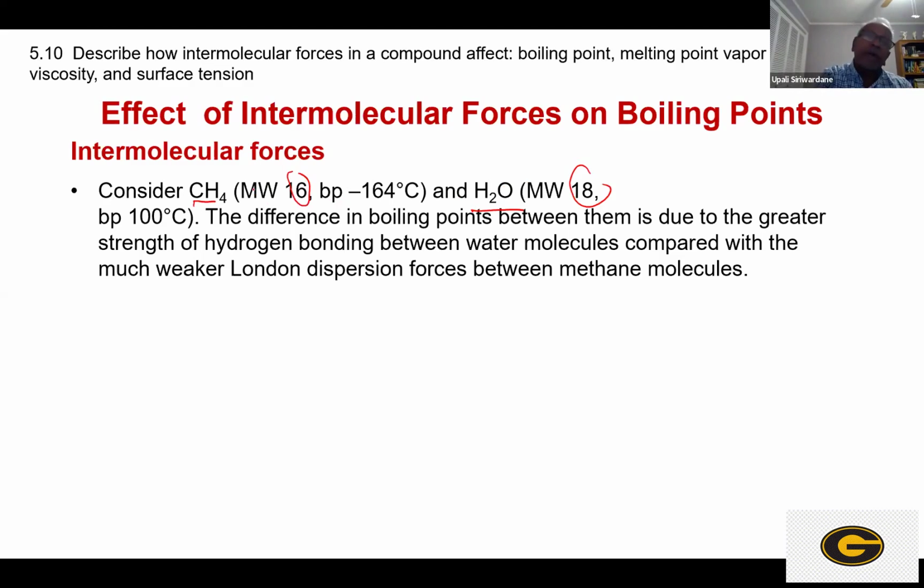Therefore, when you are comparing boiling points or intermolecular forces, you have to look at similar weights.